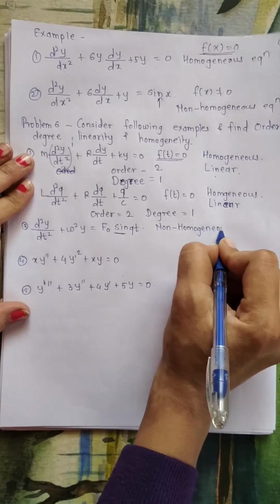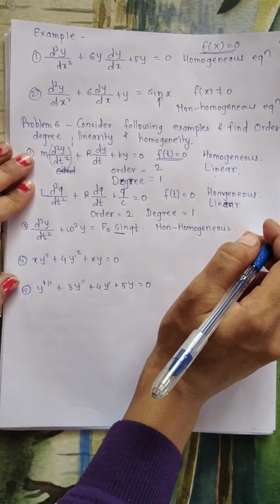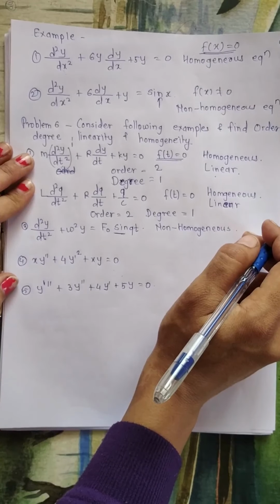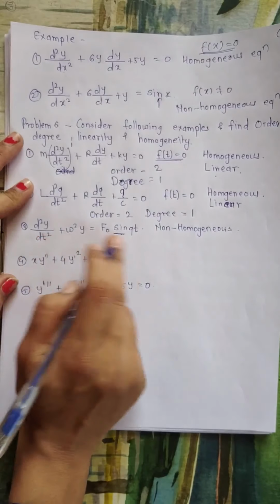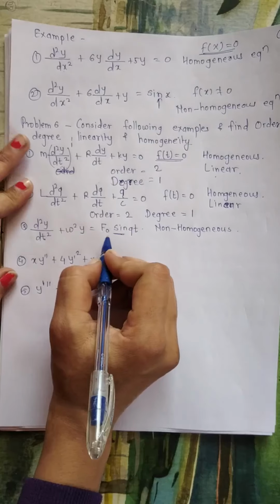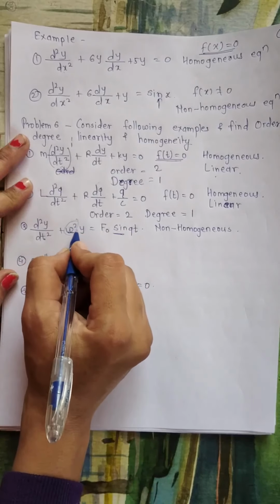And if you check for linearity in this equation, if you observe all the terms, the power of each term is 1. This means each term contains linear functions. Since omega is constant, no need to check its power.